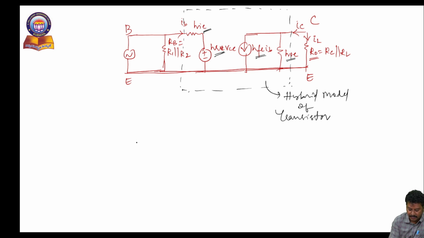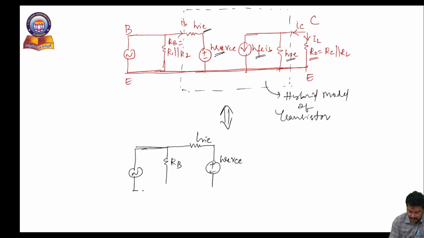Simplified circuit, once again I am trying to draw here the simplified circuit from the above circuit, where I am considering RP, HIE, HRE VCE, and the AC signal is applied.